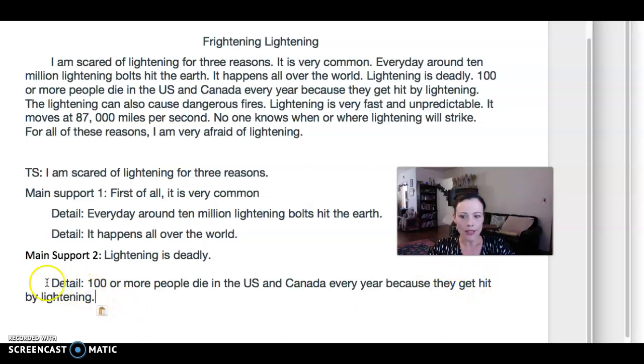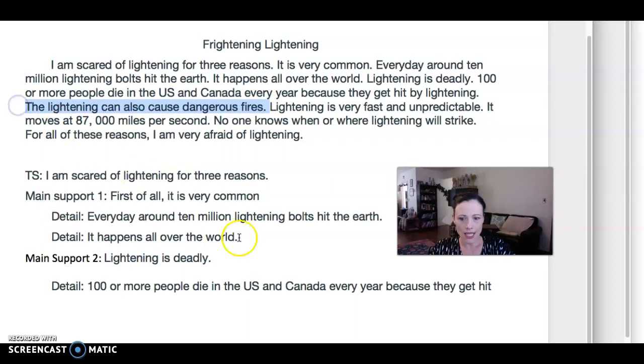How about, let's see if this isn't going to fit. I'm just going to cut this off because I don't have space. Okay, how about this one? The lightning can also cause dangerous fires. I think this is still about deadly. So either the lightning hits you and it hurts you that way, or it can hit a tree and cause a fire and be dangerous that way.